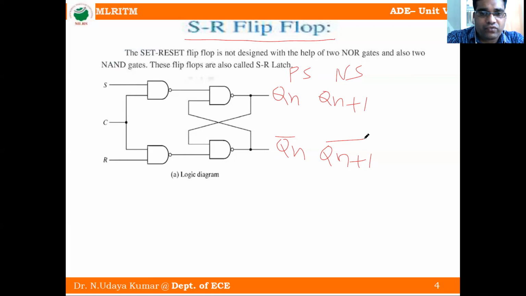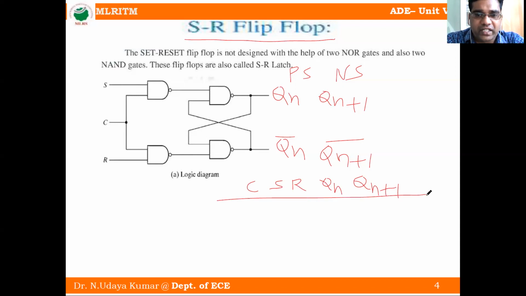This is S, R, and the clock is also there, C for clock. The outputs are the present state and the next state, Qn plus 1. We will see one by one.